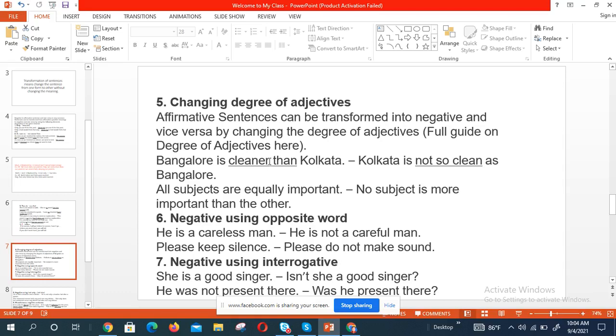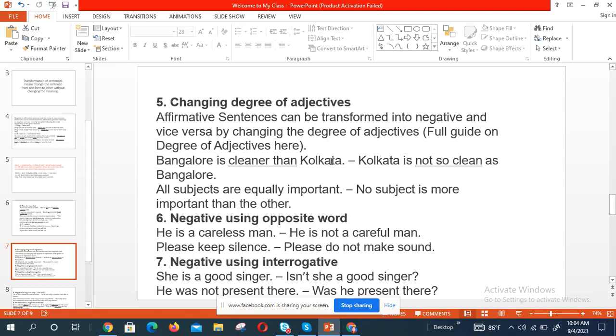So you have to use the affirmative form. That means the comparative degree, cleaner, you have to make it positive degree to make it negative. Bangalore is cleaner than Kolkata is comparative degree.